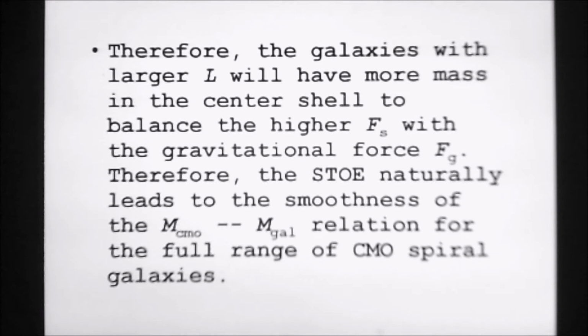Therefore, the galaxies with larger luminosity will have more mass in the central shell to balance the higher surface force strength with the gravitational force Fg. Therefore, the STOE naturally leads to the smoothness of the central mass with the galactic mass relation for the full range of CMO spiral galaxies.